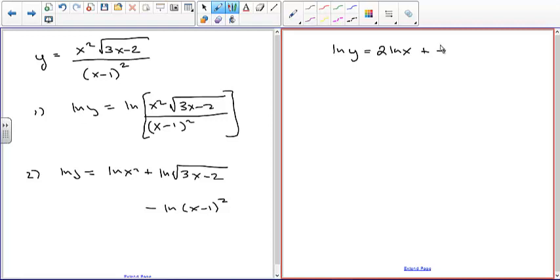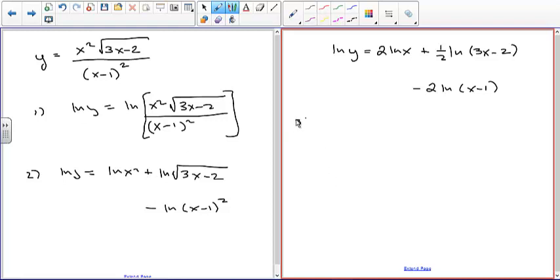This is 1/2 times the natural log of 3x minus 2. And the third term is negative 2 times the natural log of x minus 1. So now I'm finished. I've broken them apart, so the product and quotients have become addition and subtractions, and the exponents have become constants out front.